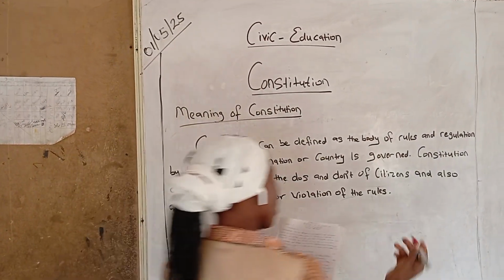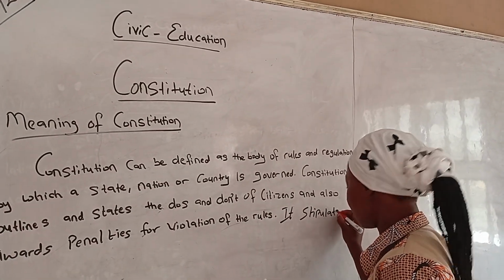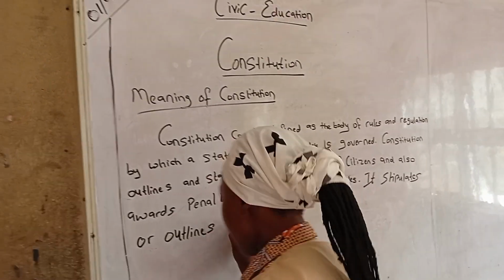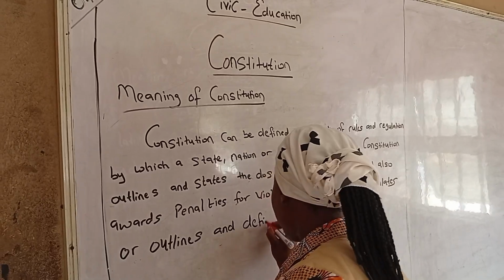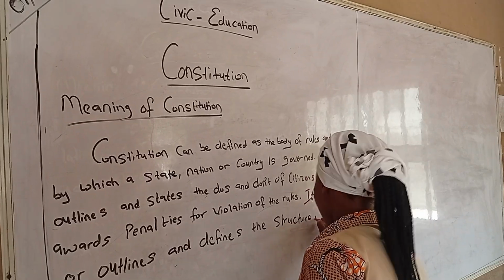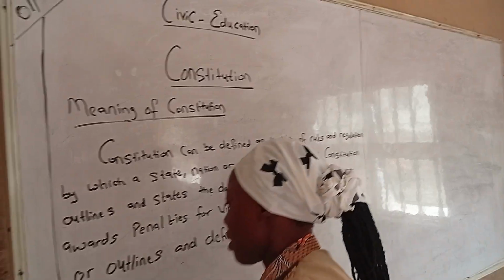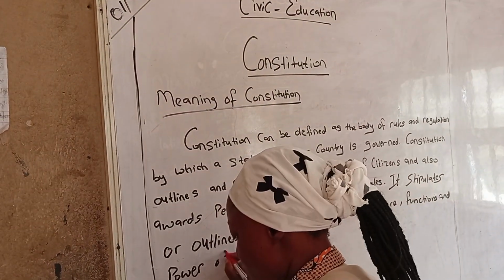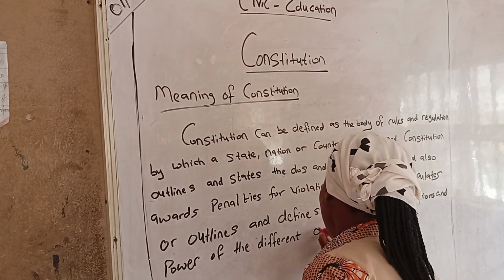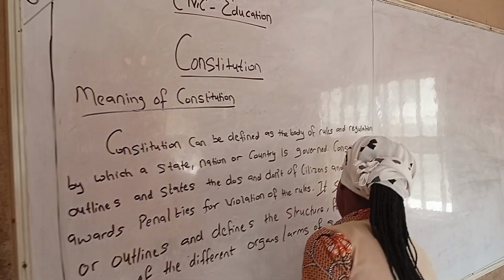It also stipulates or outlines and defines the structure, functions, and power of the different organs or arms of government.